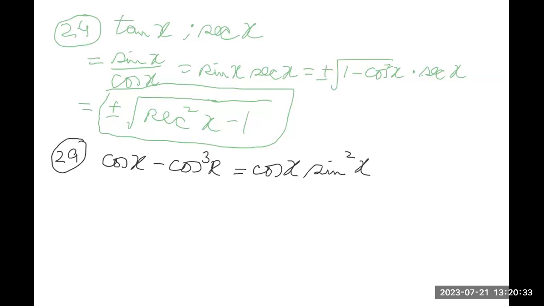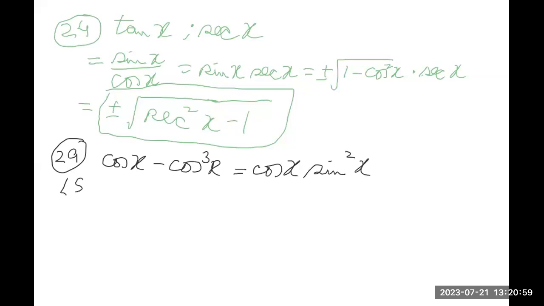Now the strategy is to start on one of the two sides. And you want to start with a more complicated side, because then you have room to simplify things. In this case, I'm going to start on the left side of the equation and then show that it's equal to the right side of the equation.